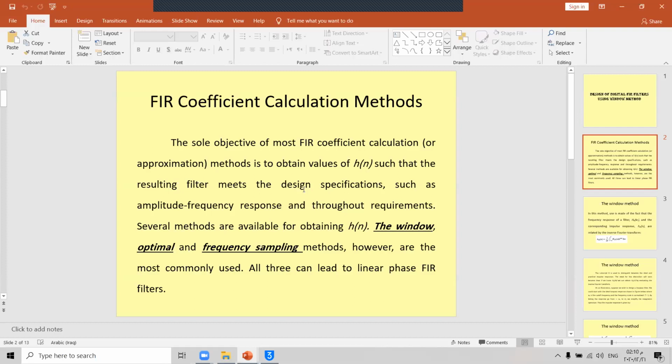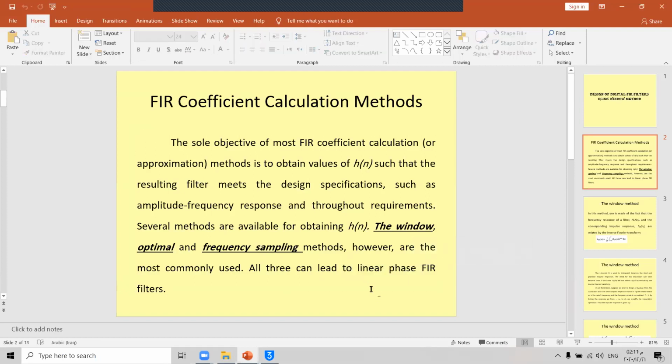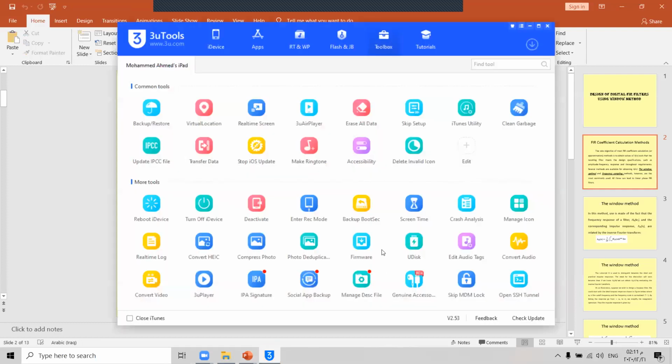We have some restrictions or some requirements. For example, basically, we look for linear phase FIR filter. To design a filter, we have some requirements.